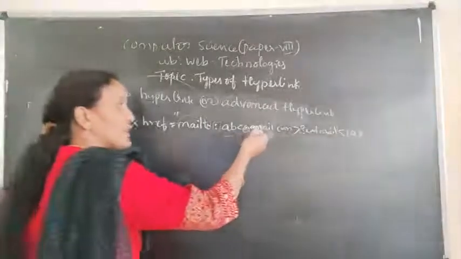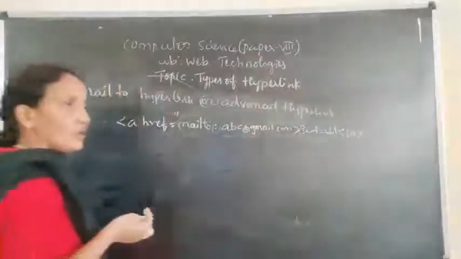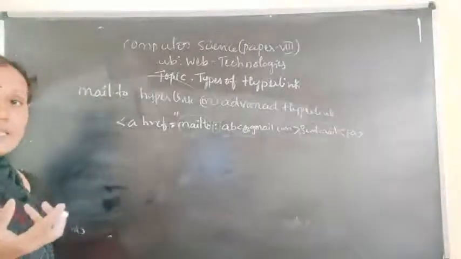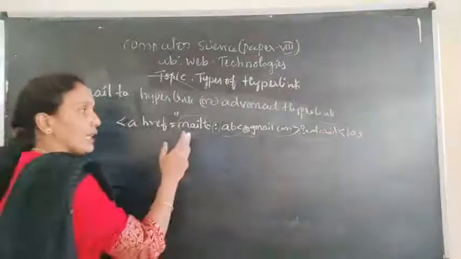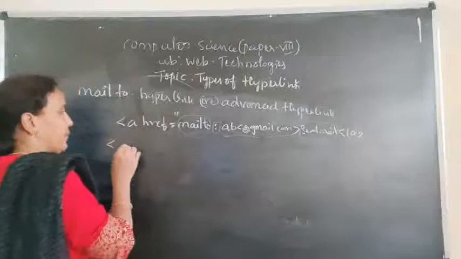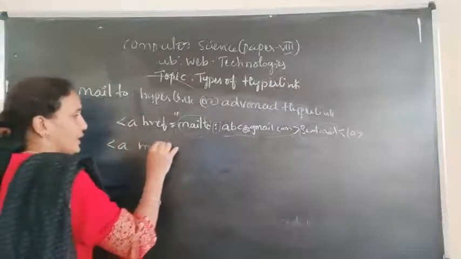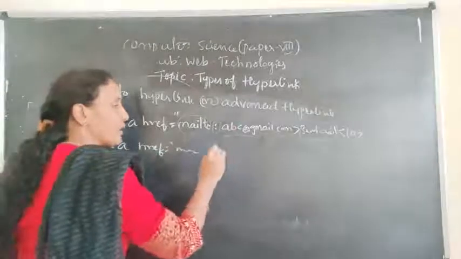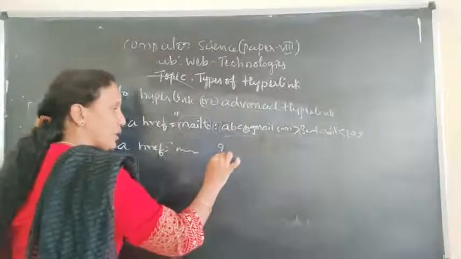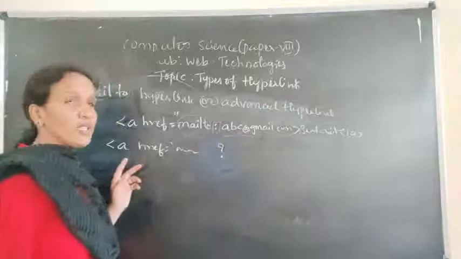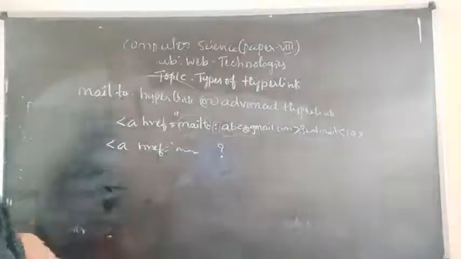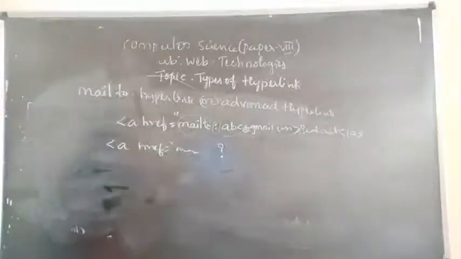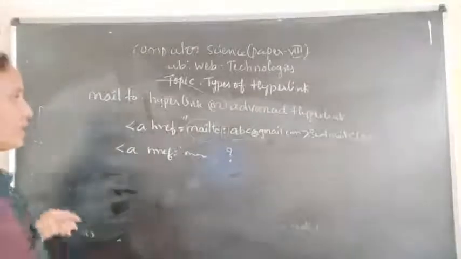If you want to add any extra information, or any CCs, you can add them like this: href mailto. Extra information is added with a question mark. Next, the subject.